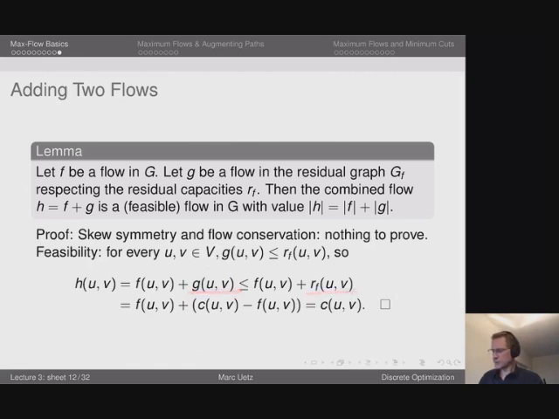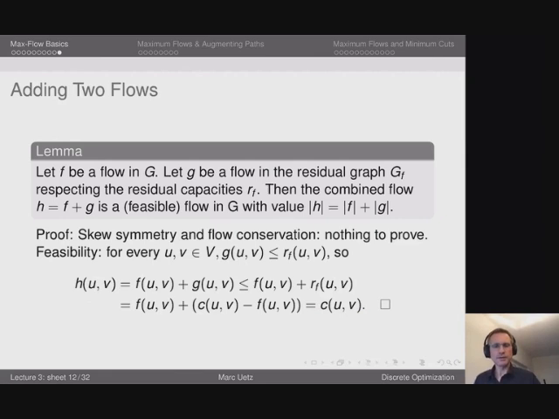So the flow value for G is at most the residual capacity, and I get this inequality here. Now I just plug in the definition of residual capacity. What was that? Well, the residual capacity was the original capacity minus the corresponding flow value, right? Now I just cancel out equal terms here, and I get the original capacity of the edge, and hence the sum of these two flows, F and G, respects the original capacity.